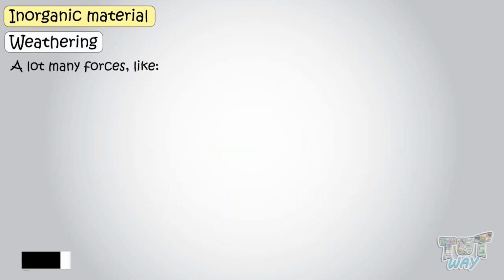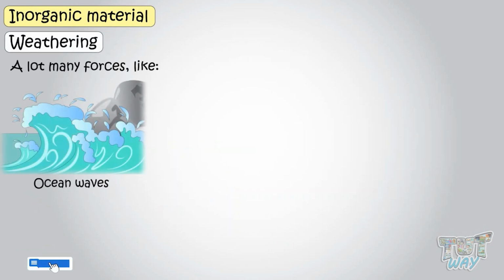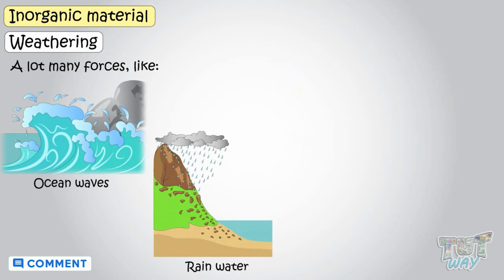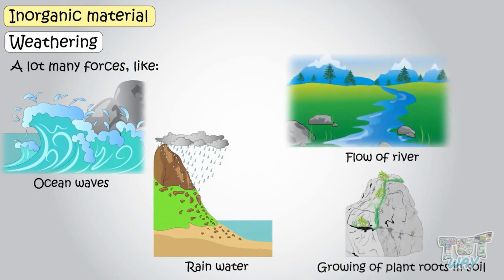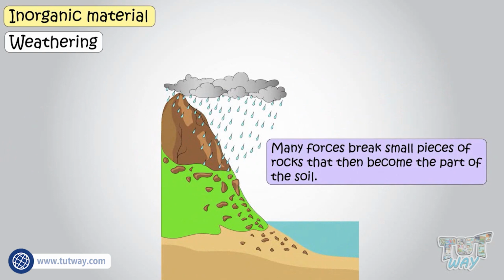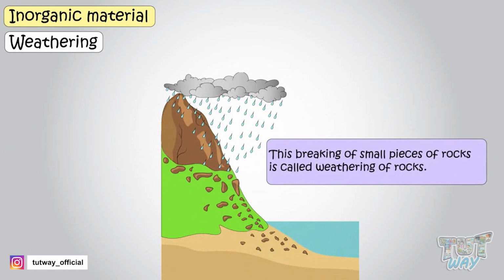Many forces like ocean waves, rainwater, flow of rivers, and growing of plant roots in the soil break rocks into small pieces that then become part of the soil. And this breaking of rocks into small pieces is called weathering of rocks.